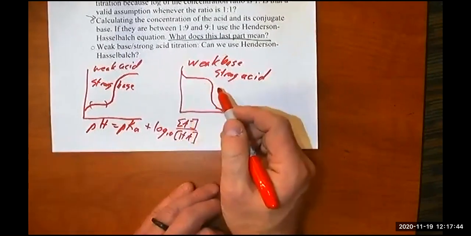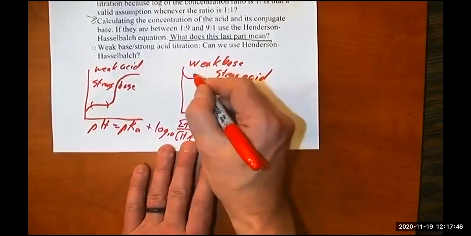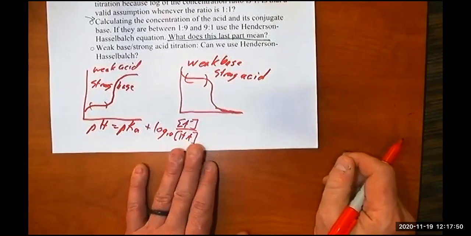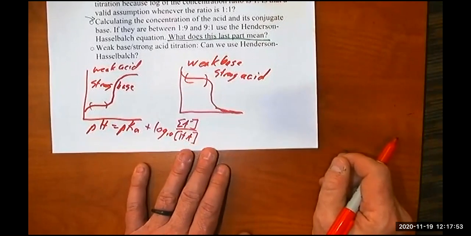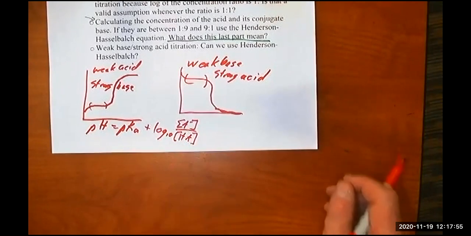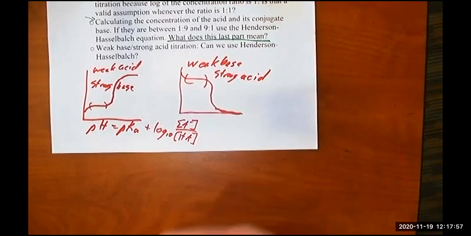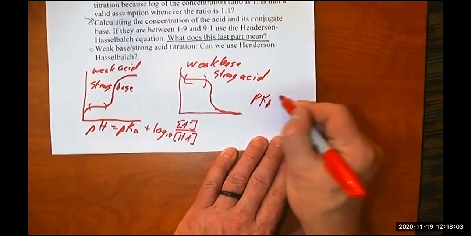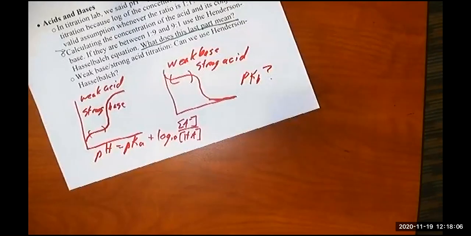Well, here, our buffer region is up on the base side, and we're dealing with a pKb instead of a pKa. So the question then becomes, what do we do in terms of Henderson-Hasselbalch, since what we have is a pKb? So let's look at that a bit.